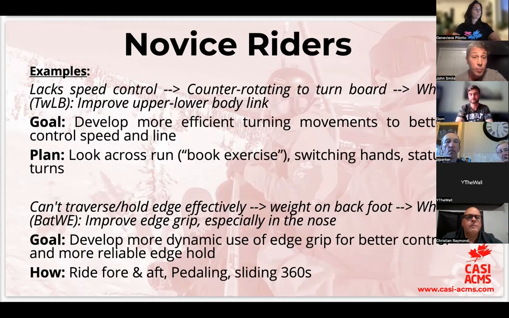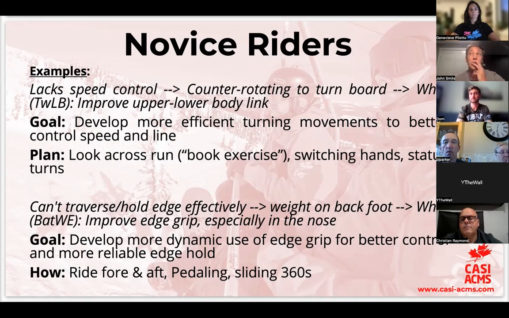So another example, students coming down the hill, it looks like they lack some speed control. Maybe one turn is where they're hitting the brakes, and then the other turn, they're just skidding across the snow quite quickly. I'm not sure what's going on there, but we noticed they seem to be counter rotating a fair bit to turn the snowboard.